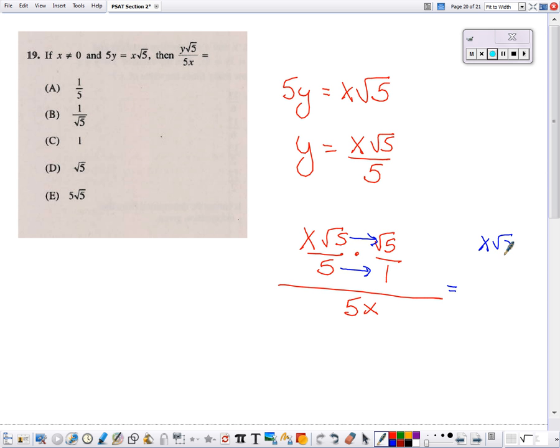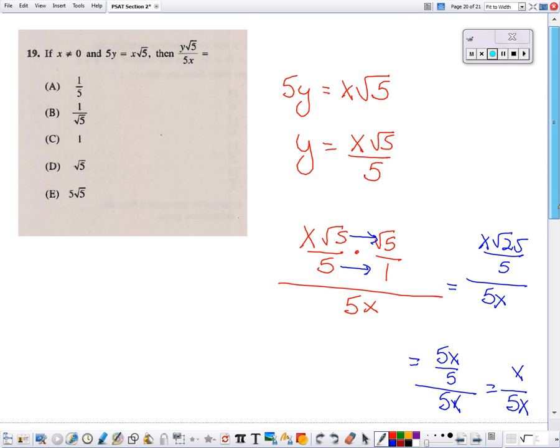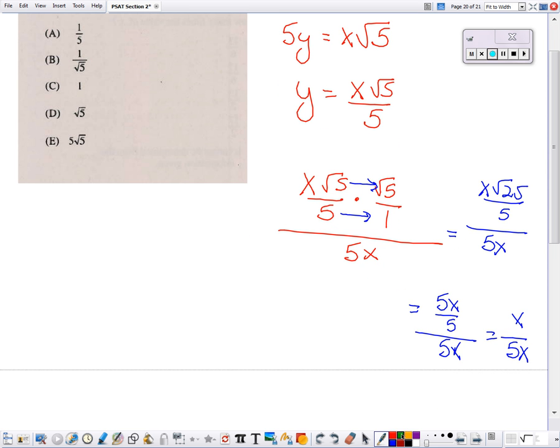So this equals x root 25 divided by 5, all divided by 5x. Well, the square root of 25 is 5. Well, 5 divided by 5 is 1. And when these x's divide, x divided by x, we're left with 1 over 1, so that is 1/5. Choice A.